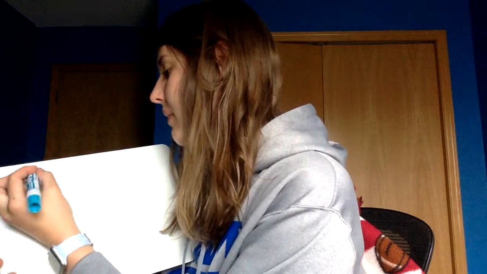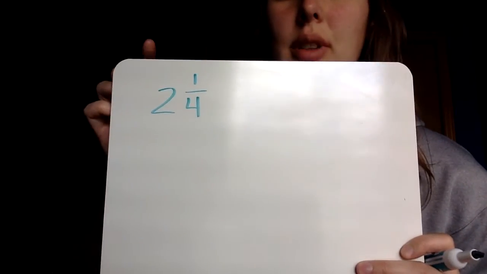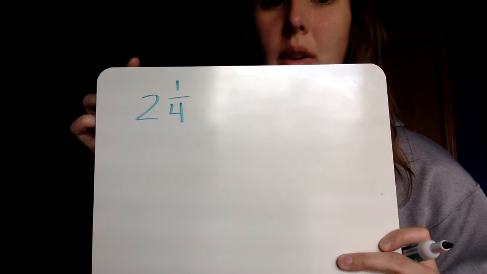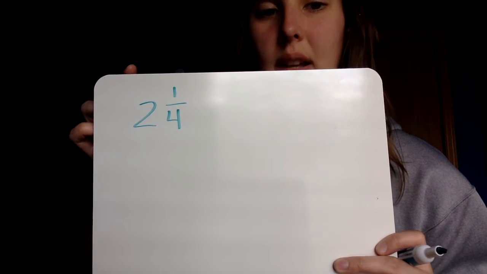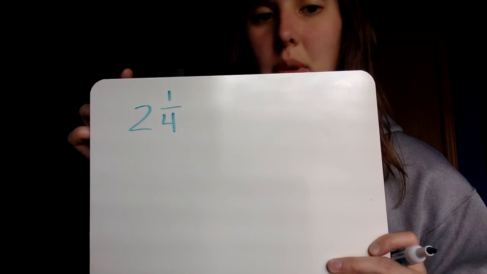Our next example, this is where it gets a little tricky. Write 2 1/4 as a percent. I'm going to show you 2 different ways to do this. So let's say this 2 right here was a 1. That would be 1 whole, which is 100%. If we have 2 of it, it would be 2 times 100, which is 200.